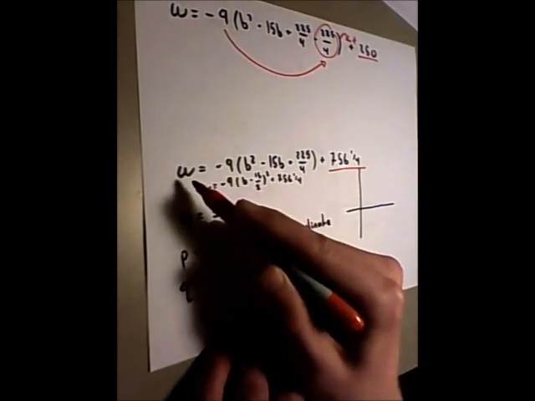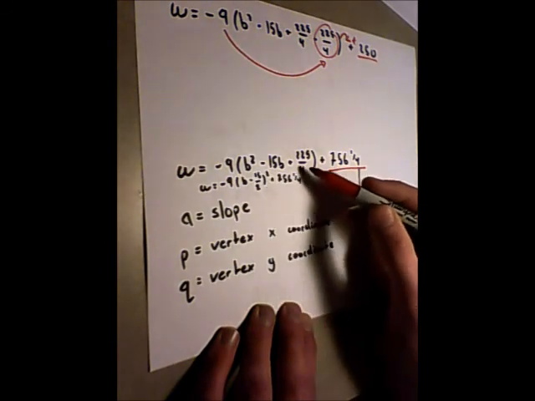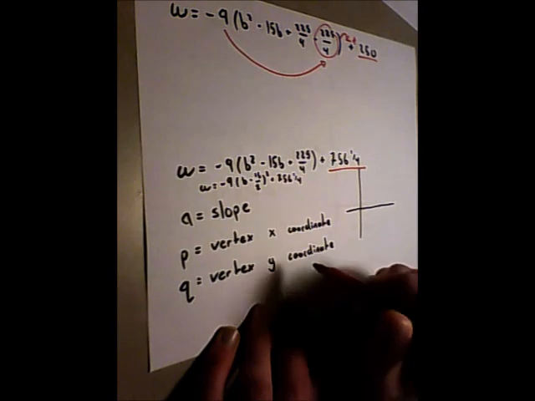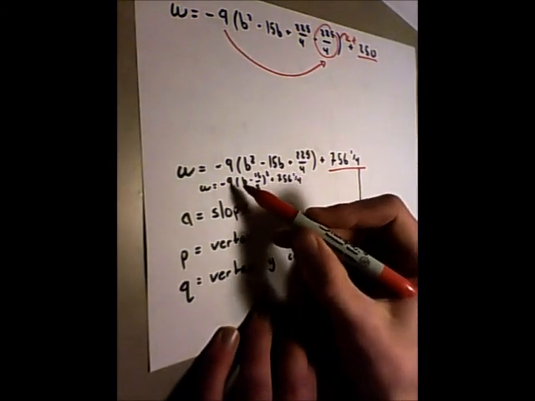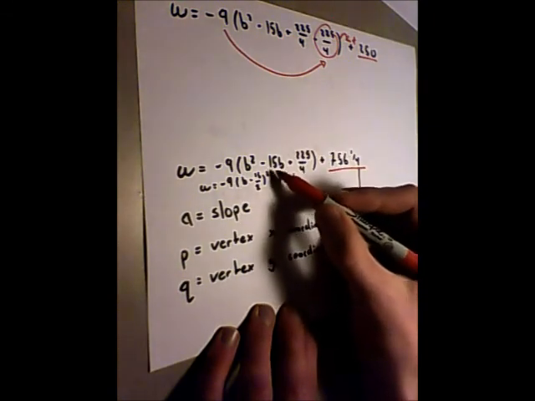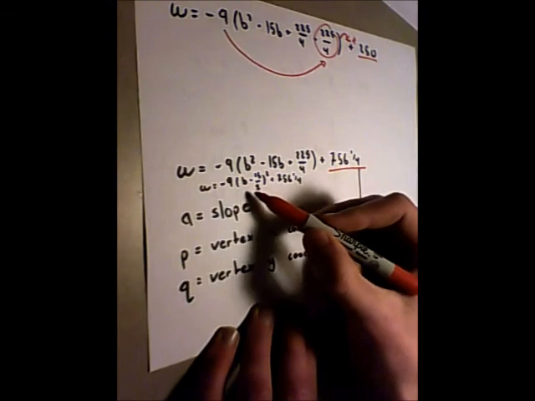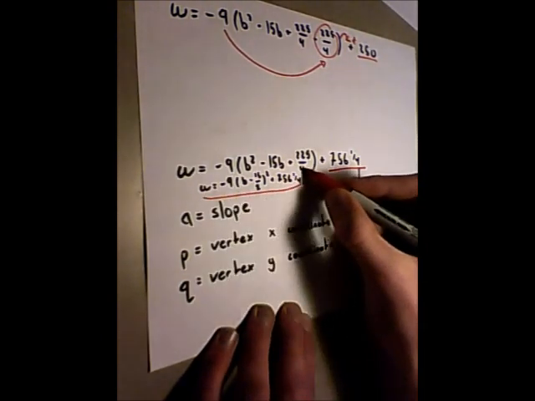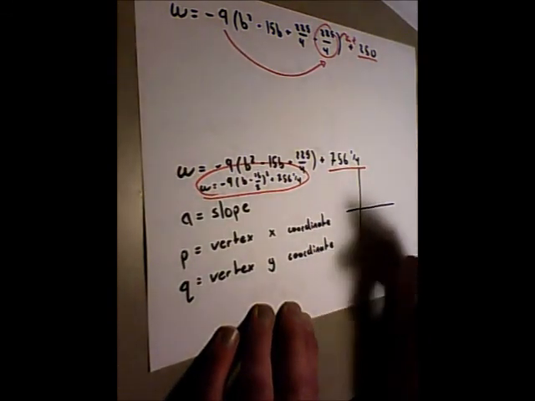So now we have this equation, y equals negative 9b squared minus 15b plus 225 over 4 plus 756 and 1 over 4. From there we can simply factor it out. The greatest common factor here will be 15 over 2, so that gives us negative 9b minus 15 over 2 squared plus 756 and 1 over 4. And here we have our vertex form that we got from our standard form equation.